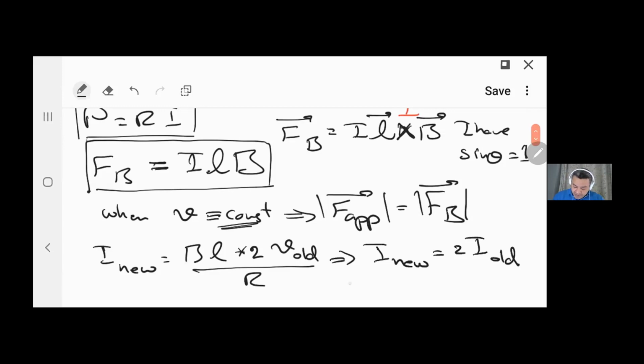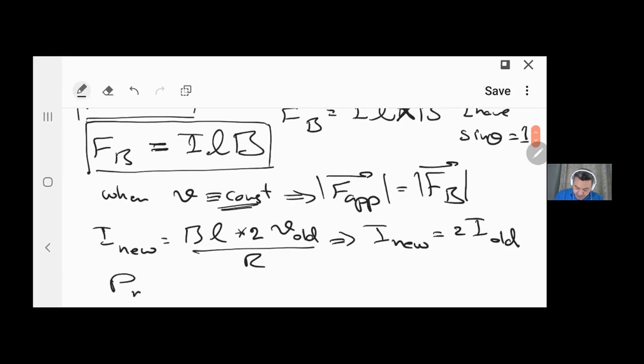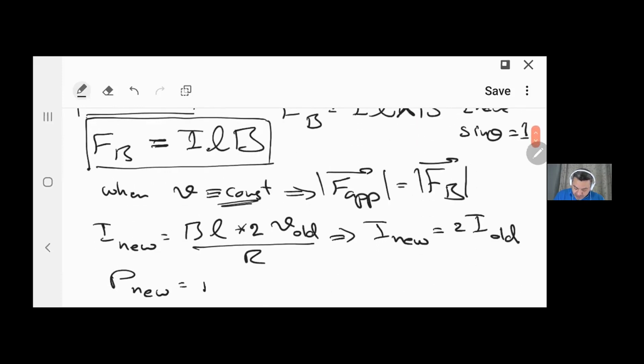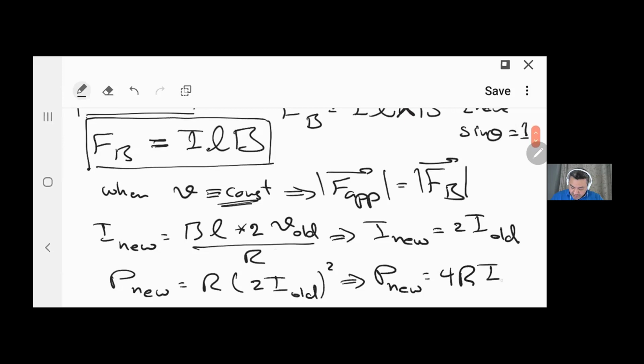Now, if this is P old, if I put now P new equals R, I new, which is 2I old, squared, this is going to give P new as 4 R I old squared.